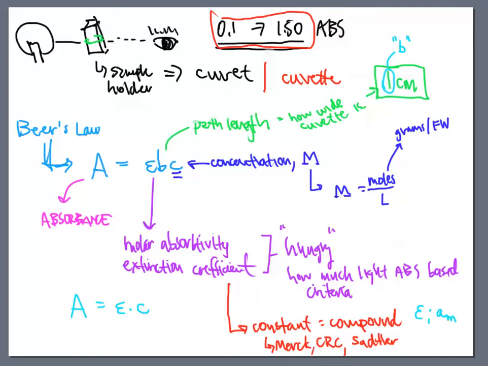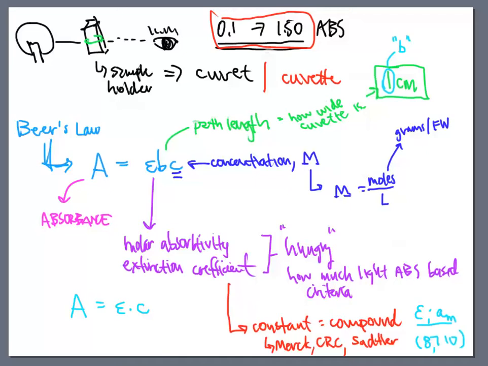So it will be a number. The number could be fairly large. The number could be fairly small. So let's say, for instance, that the molecule that we're running is 8,710. That is the molar absorptivity that is related to that compound.